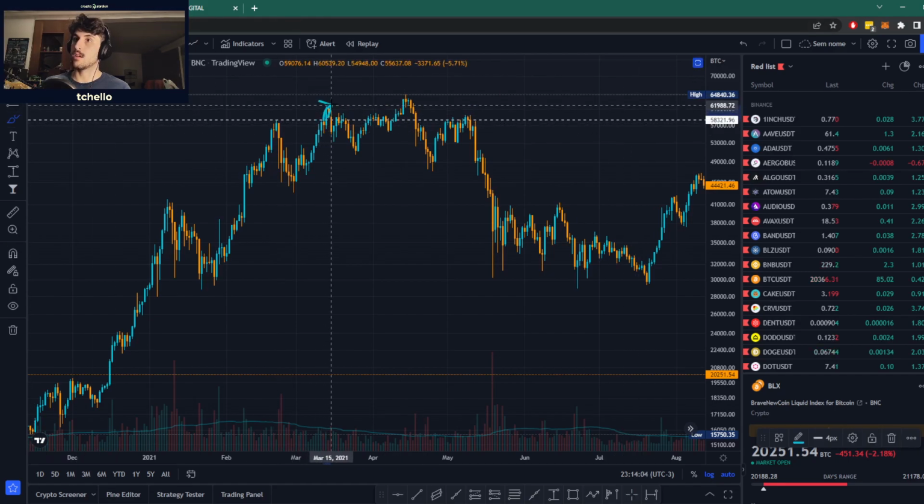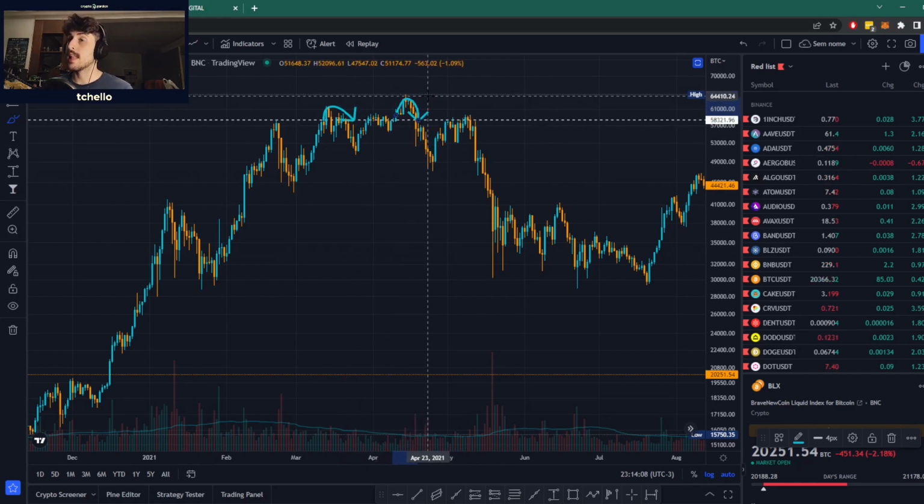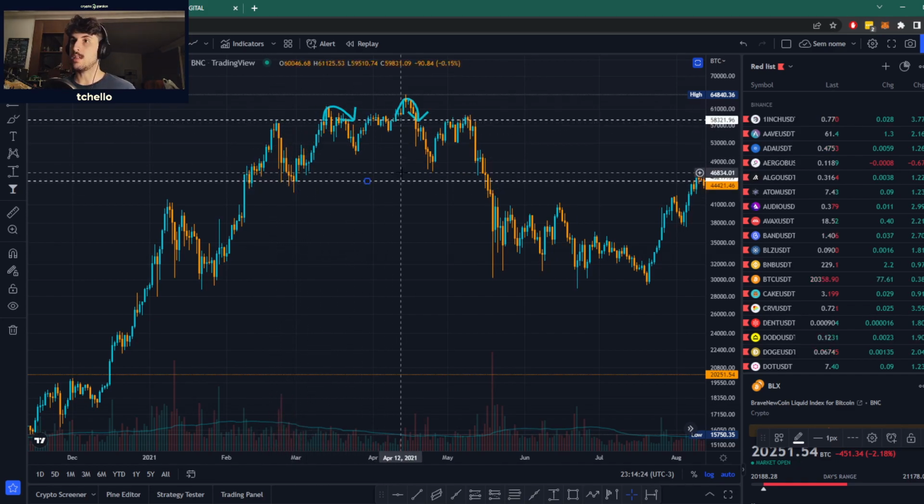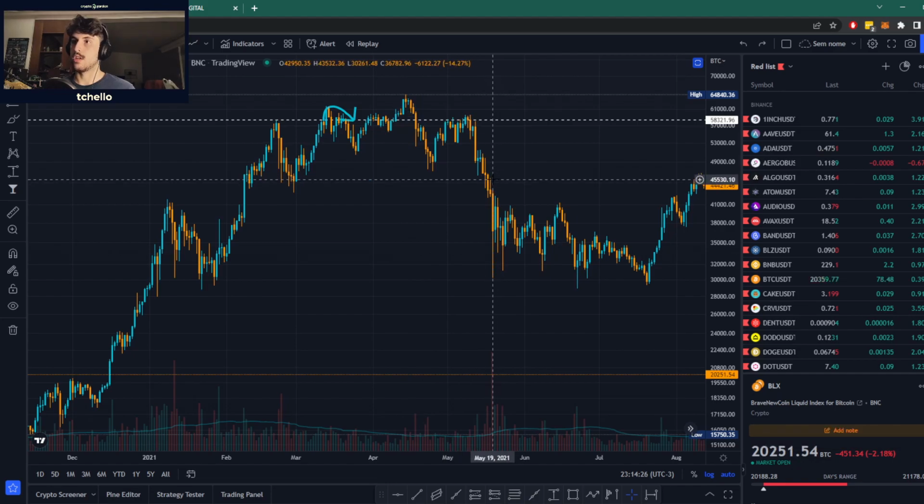For example, here we go above it by a tiny bit, but it doesn't last long. If you would consider the range, and we'll talk about the secondary test later, this would be mostly the range: the automatic rally or automatic reaction and the secondary test here. As you can see, it's basically a perfect range.